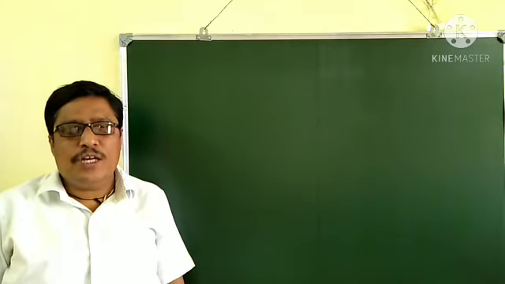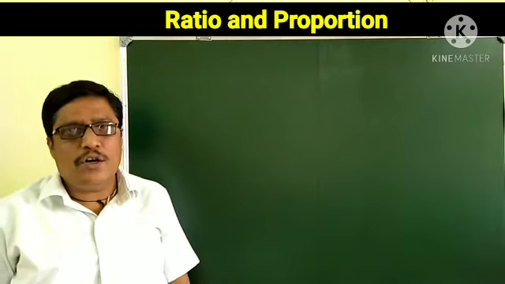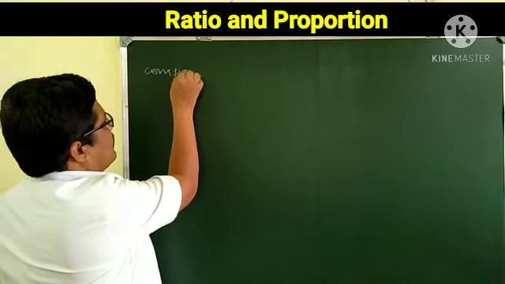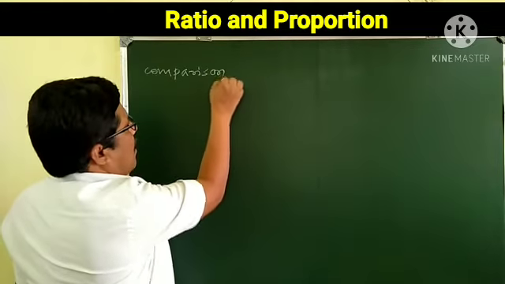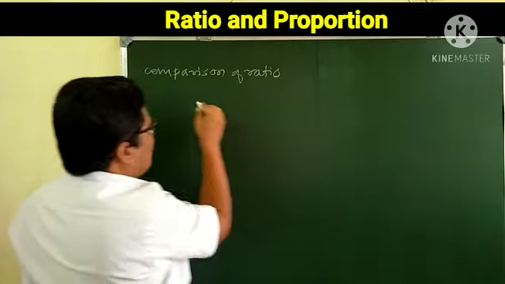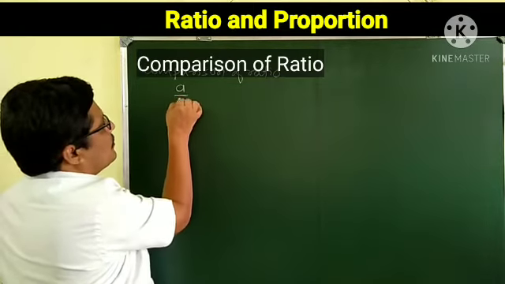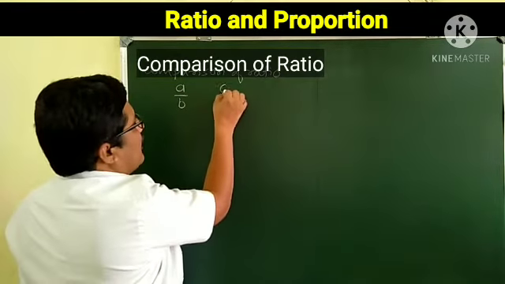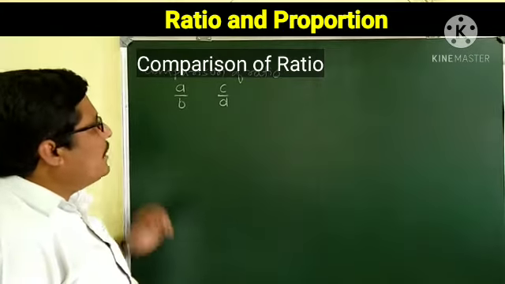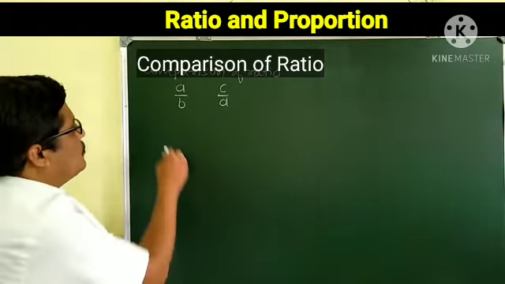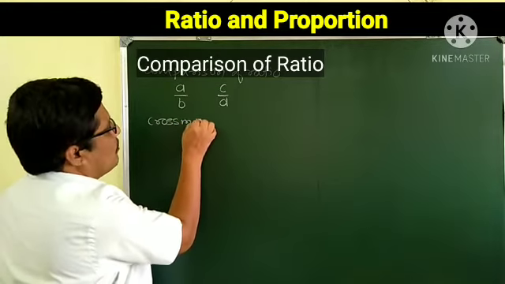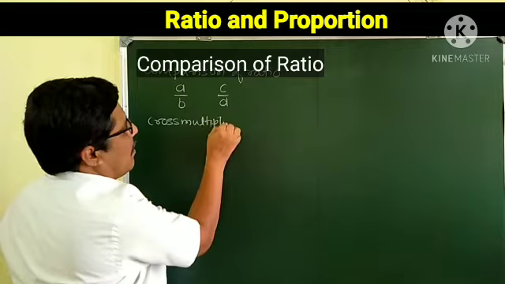In this video, we are going to learn comparison of ratios. For that, we will take two ratios. First, A is to B and second, C is to D. In this case, we have to take cross multiplication of these two ratios.